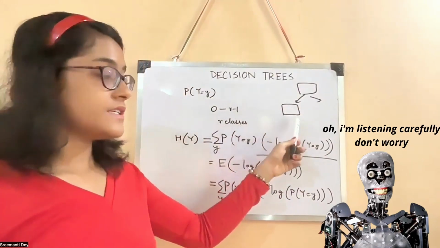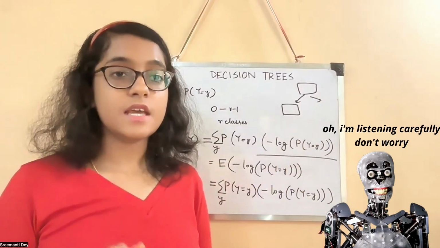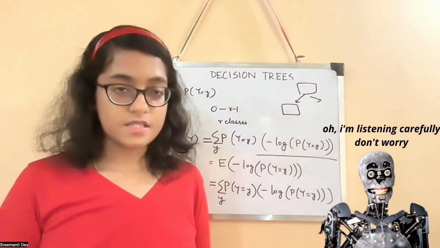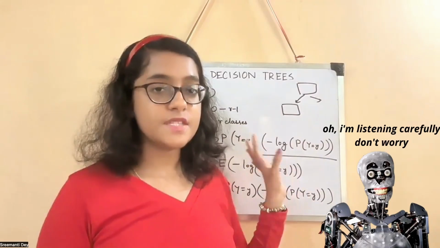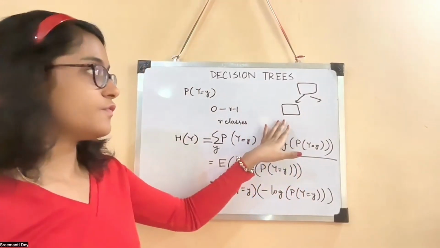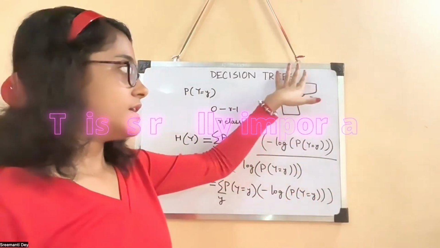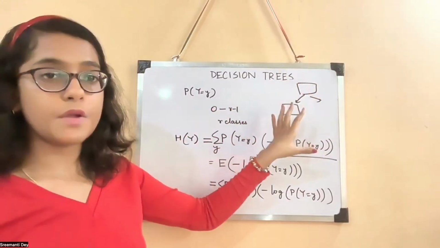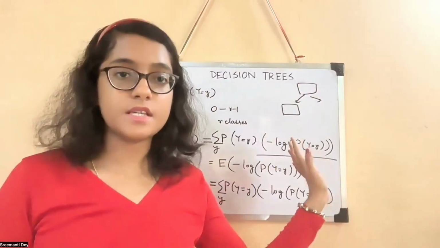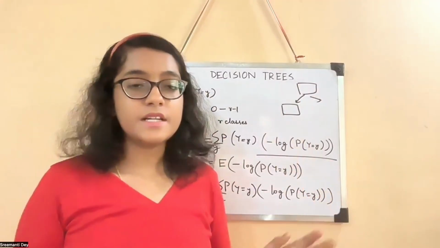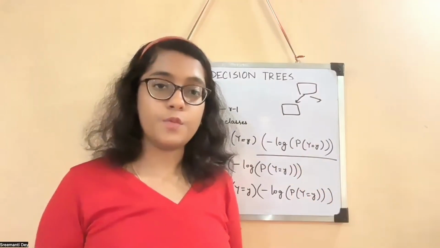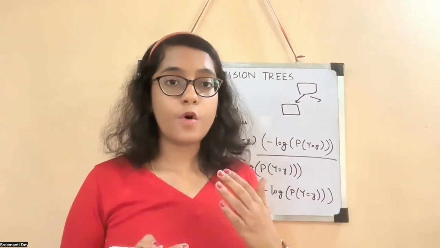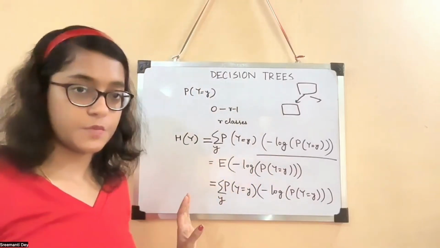So we want this node to have all the data points of a single class, right? Then we know for certain that whenever this attribute is satisfied and we come to this node, this node is going to be of that class with 100% certainty. 100% certainty means this set has entropy 0. Remember this. So basically what we want here is to minimize this entropy.